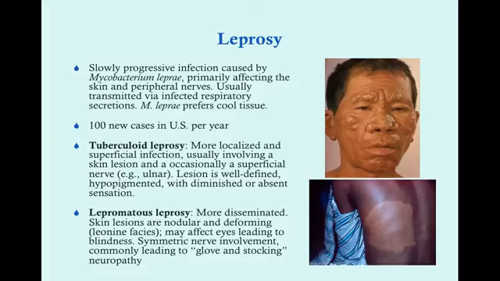So it's not going to affect the vital organs, not going to affect the lungs. It's just too warm. So it's going to go to the skin, which is a little cooler. It's going to go to the testes, the eyes, the nose, and connective tissue. It really is not going to affect the heart, lungs, and GI tract. So it prefers cool tissue.